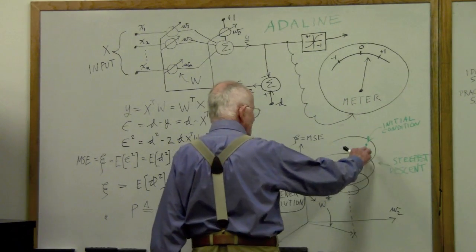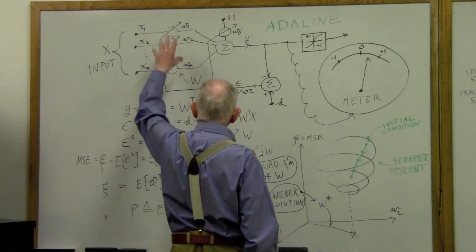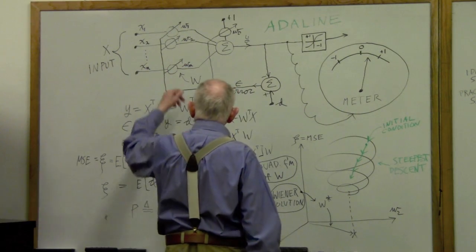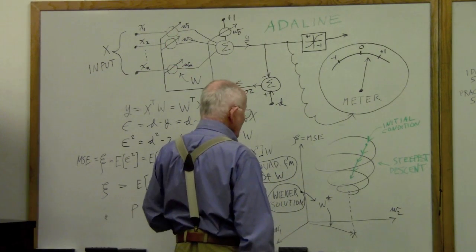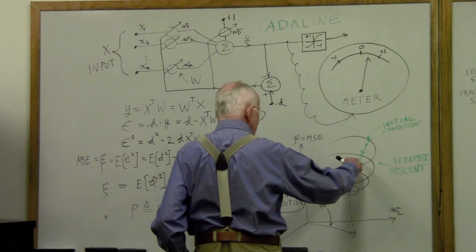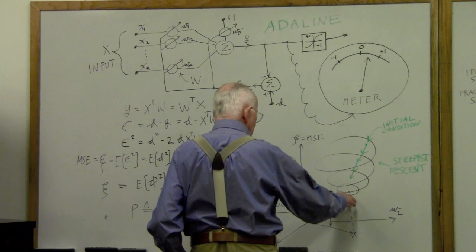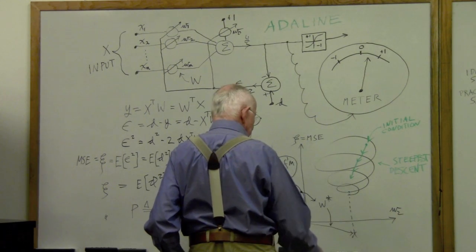So we start out with an initial condition, sort of an initial guess. Set the weights to some initial value. Often they're just set to 0. And now you follow the negative of the gradient and go down to the bottom of the bowl here where the mean square error is minimum.